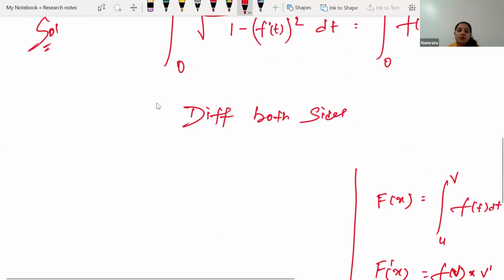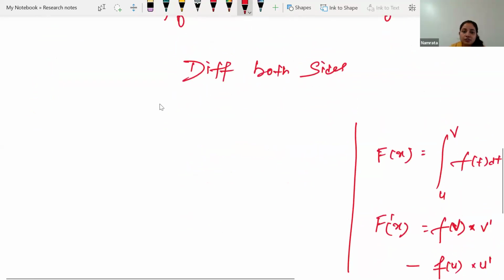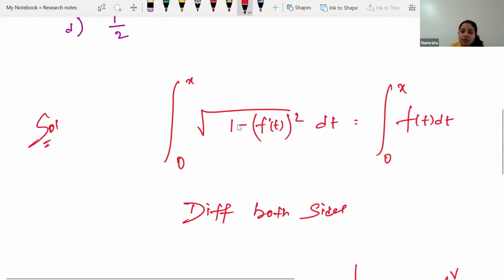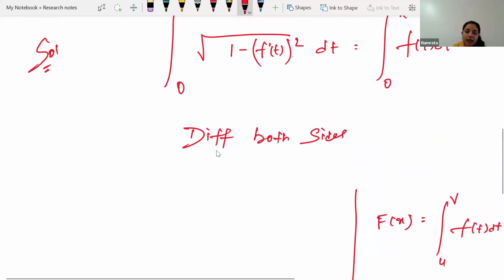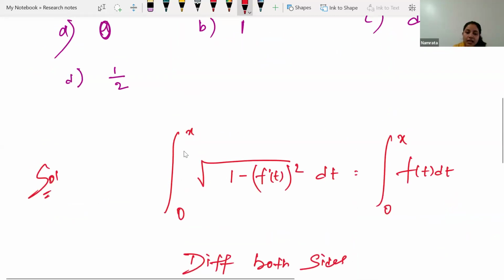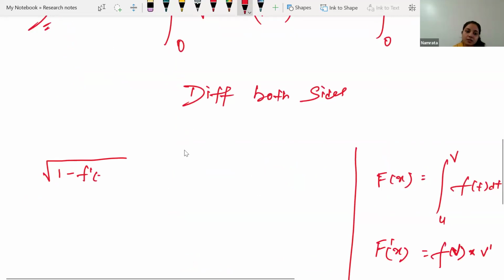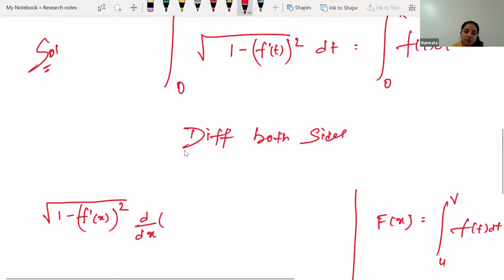So we have to do the derivative on both sides. The formula says that at first we put the upper limit in the given function. So the given function will become square root of 1 minus f dash t, and the upper limit is x, so it will become f dash x, that's squared. After that, times v dash, that means d dx of x.